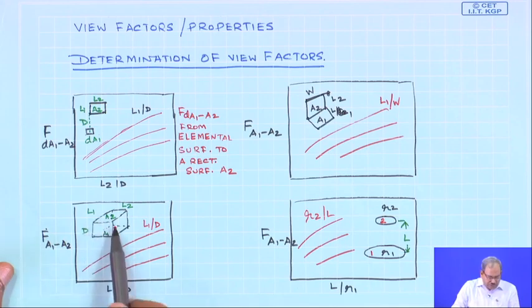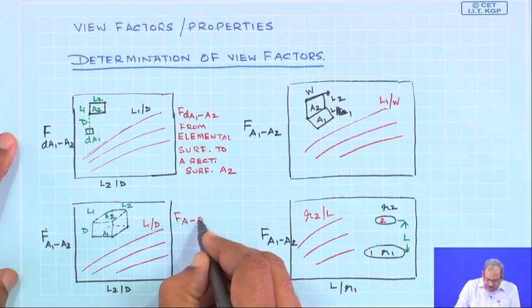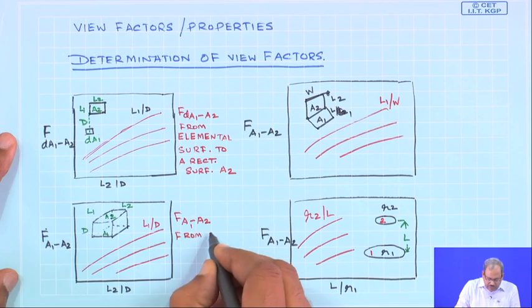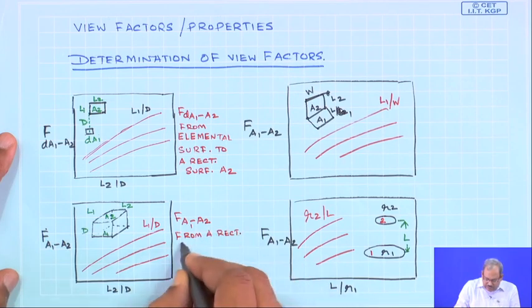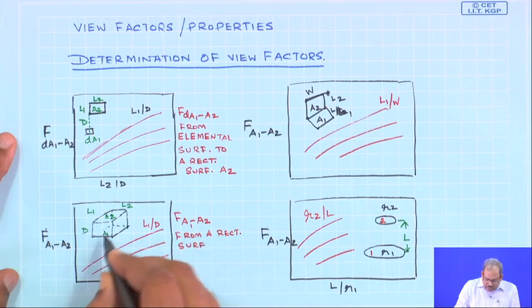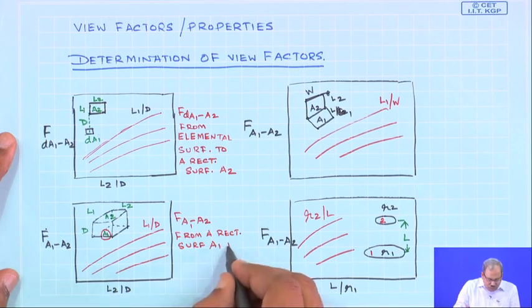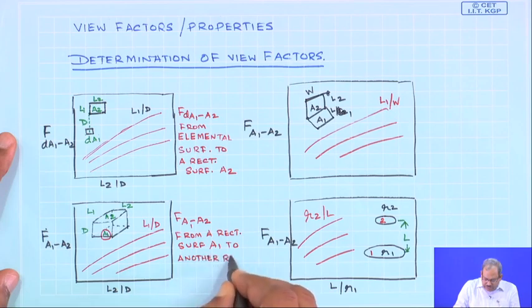Now, we come to this one. This is going to give you F A1 to A2, from a rectangular surface A1 to another rectangular surface A2.